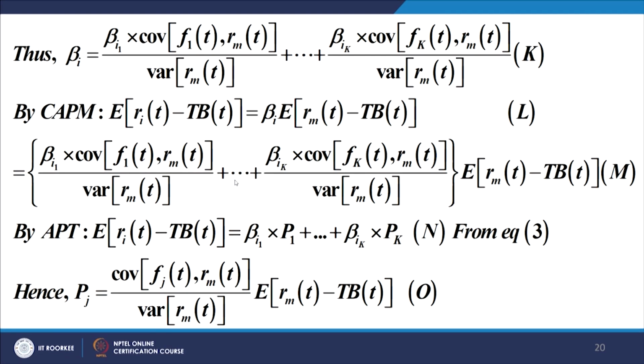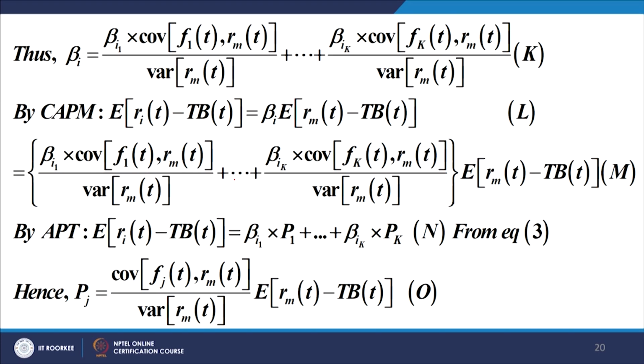In other words, from equation L to m, we have simply substituted the value of beta i as given by equation number k. If we make the substitution from equation number k in equation number L, we arrive at equation number m. But by the arbitrage pricing theorem, that is equation number 3, we get this expression for the excess return on a given security in terms of the APT risk prices.